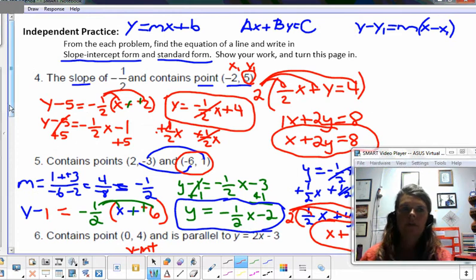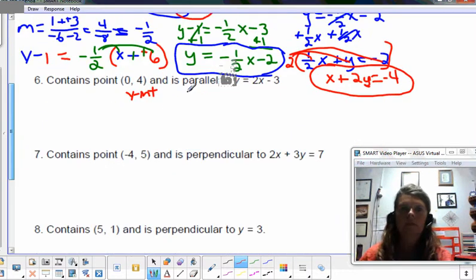So I know for number 6 that my slope is 2. You can see my slope right here, 2. And they're parallel, so the slopes are the same. So this is easy. I have y equals mx plus b, 2x plus your b, which is your y-intercept.